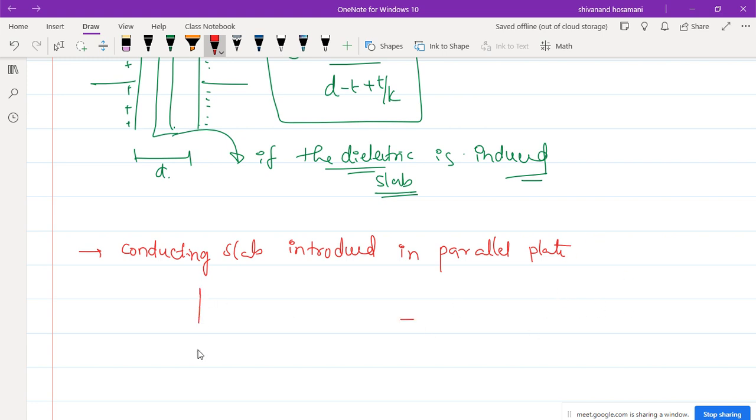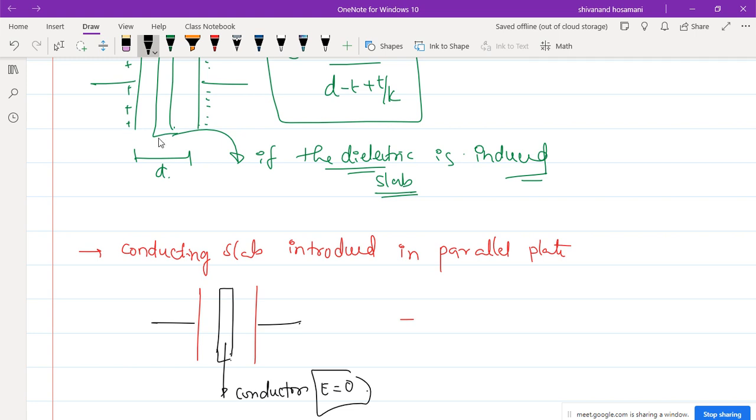If the same capacitor is there and you introduce a conducting slab here, inside the conducting slab the electric field will be zero. In case of dielectric, what is the electric field?